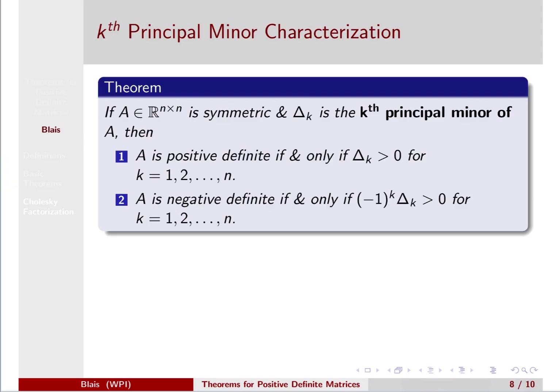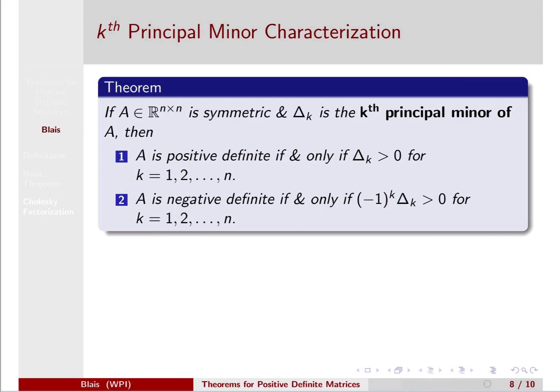We also have the result that A is negative definite if and only if they alternate in sign. So we would need the first principal minor to be negative, because we would have a (-1) to the 1 here. The key is they alternate in sign to have negative definite.